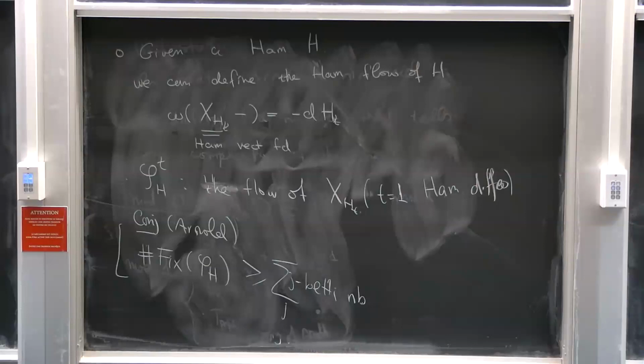You don't need to know what this action functional is, but the critical points of the action functional correspond to the fixed points, in the sense that the critical points are actually the orbits of the Hamiltonian flow that come back to themselves.